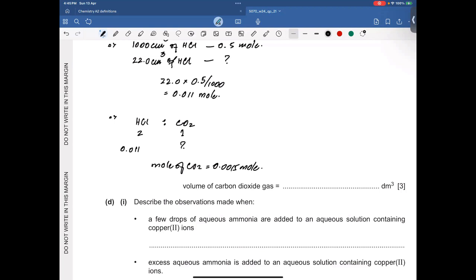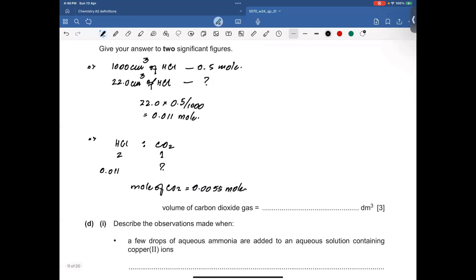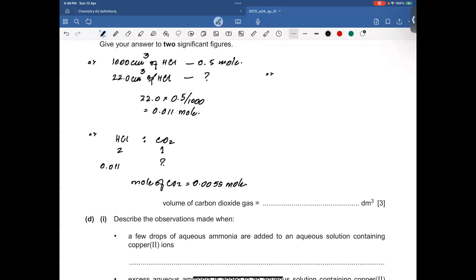Not 15, I have 5.5. Okay. Now in the next step, we need to find the volume of carbon dioxide. In order to calculate this volume, I'm going to multiply moles of carbon dioxide by the volume of carbon dioxide, which is 24 dm cube at RTP.